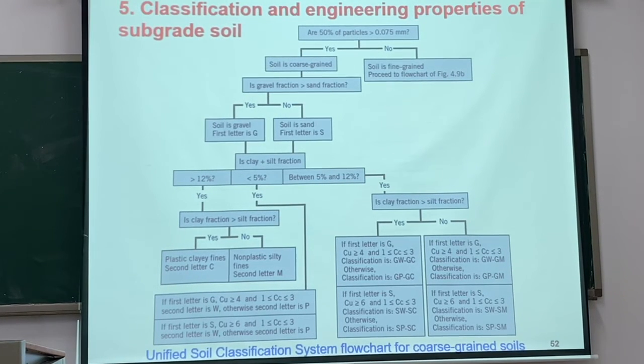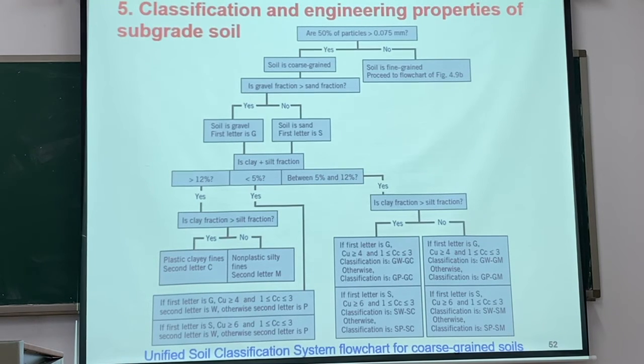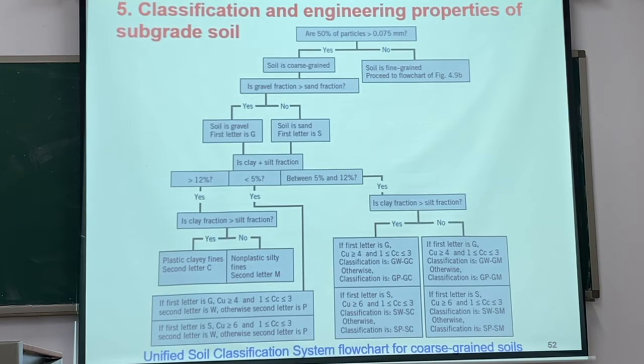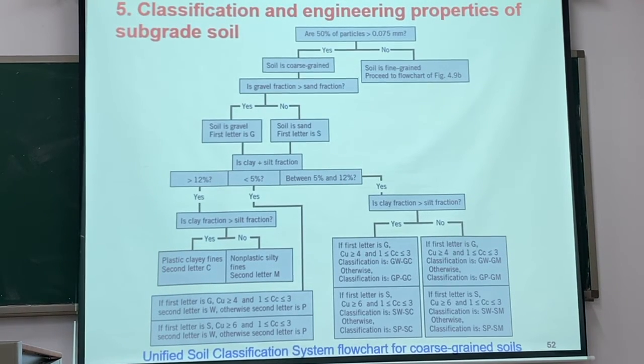So according to the particle size, we determine whether it is coarse grained or fine grained. When it is coarse grained, we should determine its gravel fraction or sand fraction.